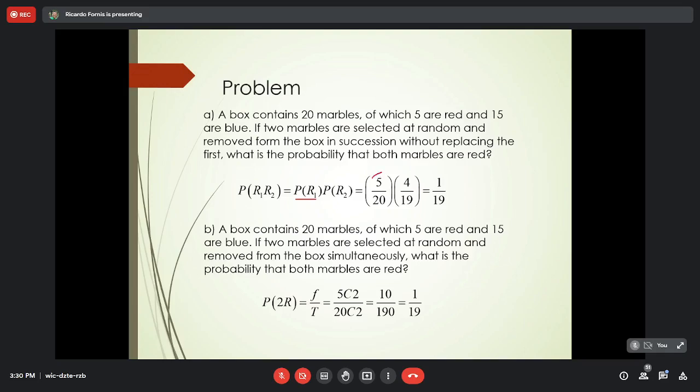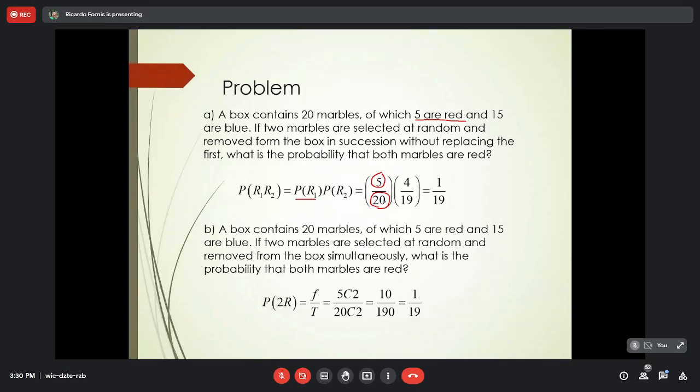So if you will get one marble, the favorable outcome that it is red equals 5 because there are 5 red marbles in the box, divided by the total possibility. And because there are 20 marbles, there are 20 total possible outcomes.